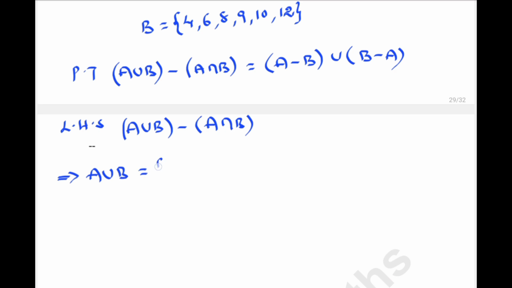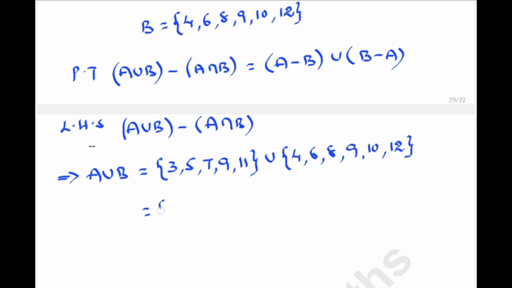Here, what is A? 3, 5, 7, 9, 11. Union, what is B? 4, 6, 8, 9, 10, 12.